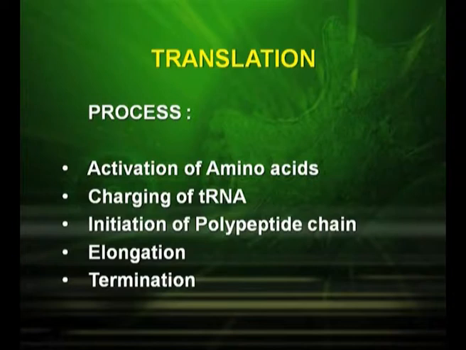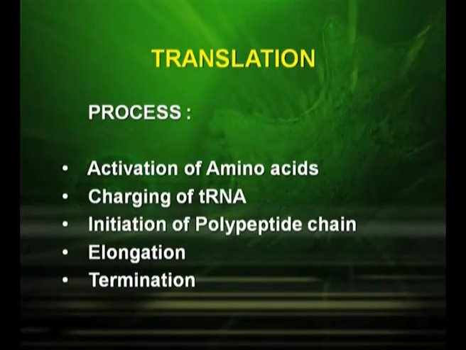So, now let us have an overview of the translation process. We are going to study the meaning, the materials required, and the steps: activation of amino acid, charging of tRNA, initiation of the polypeptide chain, elongation and finally termination.